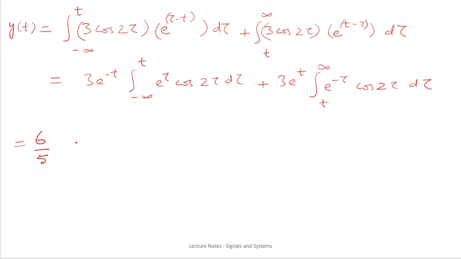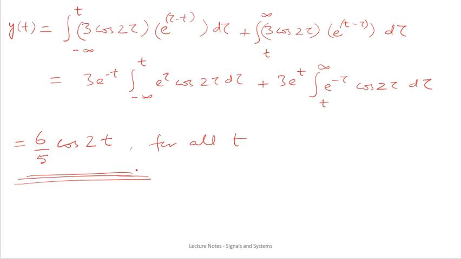The final answer should come as 6/5 cos 2t for all values of t. So this should be the final result of the convolution operation between the two signals.